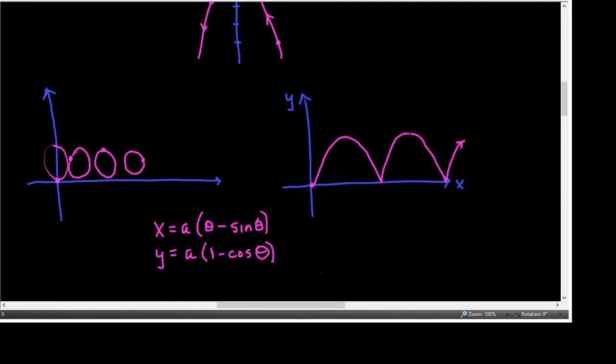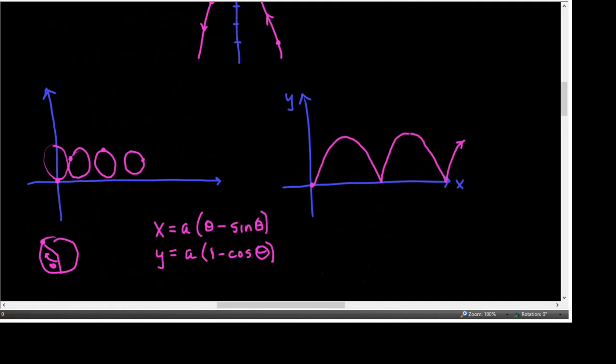The angle theta is, let's see if I can draw a picture. So this is where the tire is at some random point. And this is where it started. And so the angle that you've turned through to get to this point here, where the gum is now, that's theta.